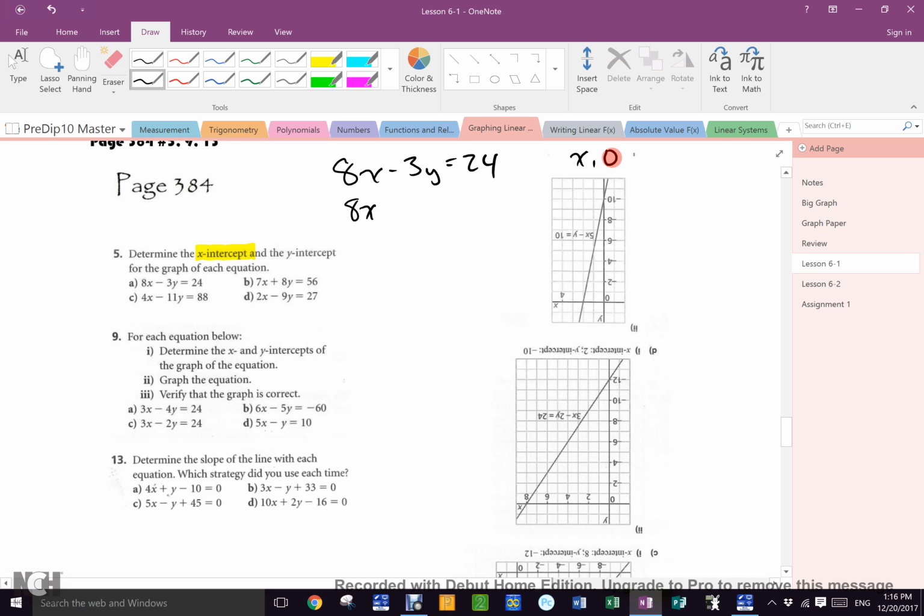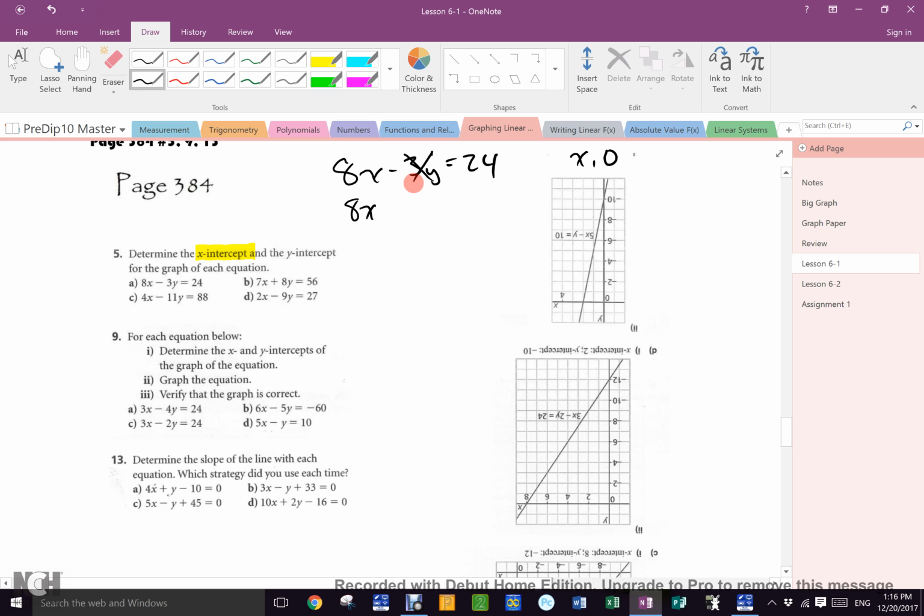That's a y. So what can I put there? 0. What's y equal here? 0. So what does y equal here? 0. Y equals 3 times y, which is 0. So what is 3 times 0? 0. So it drops out, right?